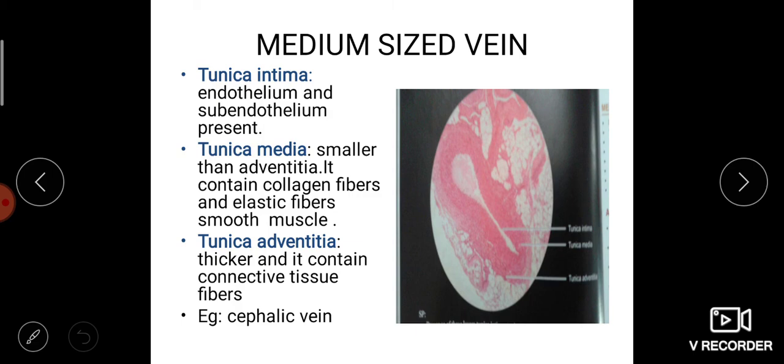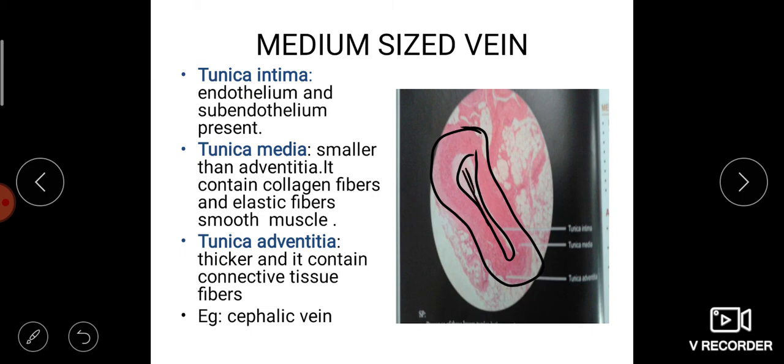While taking a medium sized vein, in a medium sized vein here, this is the vein. This is the caliber or the cavity of the vein, and this is the wall. Okay.